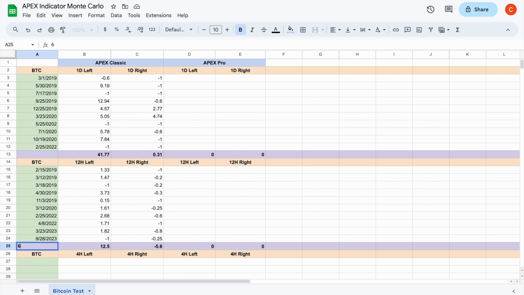For this one, it would have been 41.77 plus 0.31, which would have got you 42.08 R. Now, if you combine those, 42.08 plus 6.9, you would get 48.98. And so right now, that's what we got, 48.98.